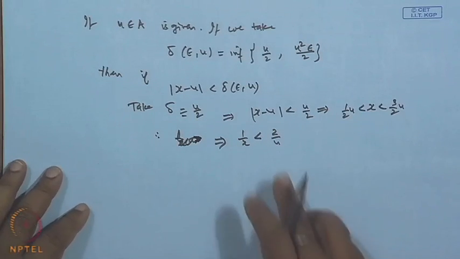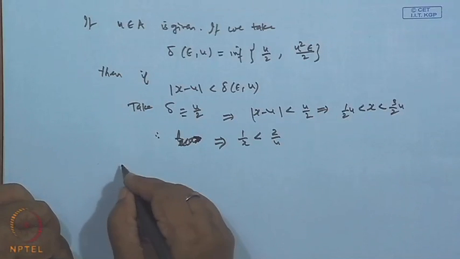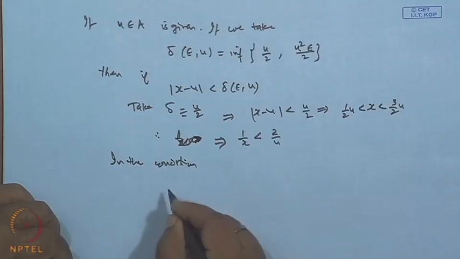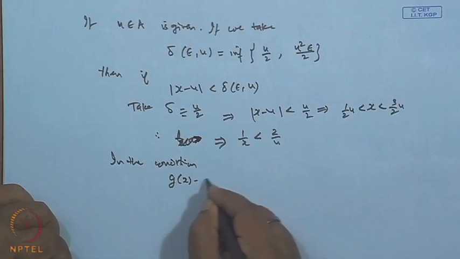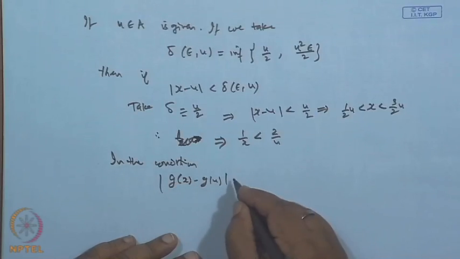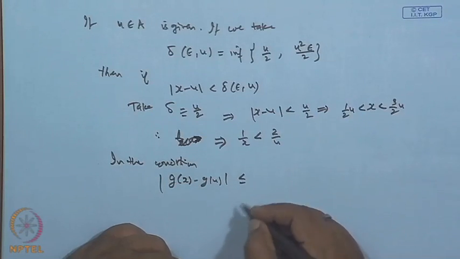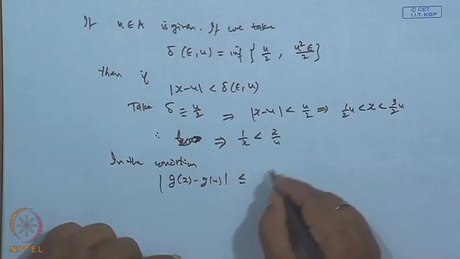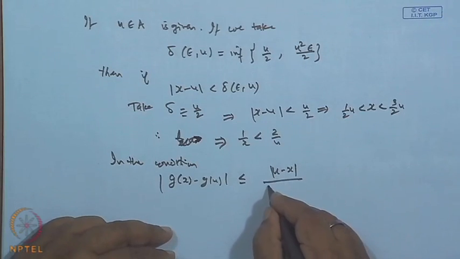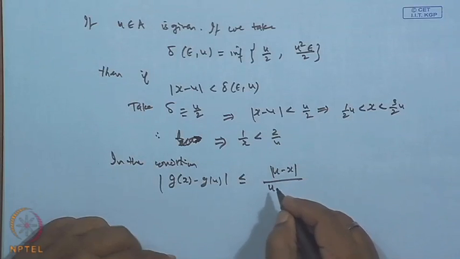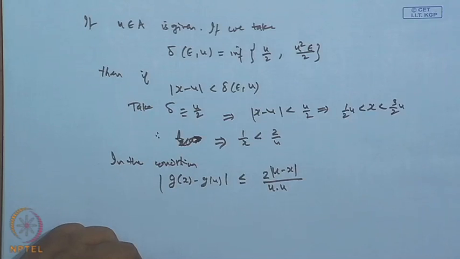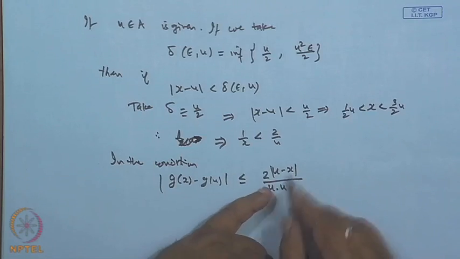From here, once it is 2/u, in the condition for g(x) minus g(u), mod of this is less than or equal to mod of (u minus x) over ux. Since 1/x is less than 2/u, it becomes 2/u square into mod of u minus x.